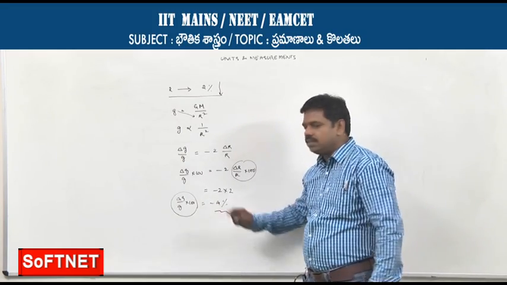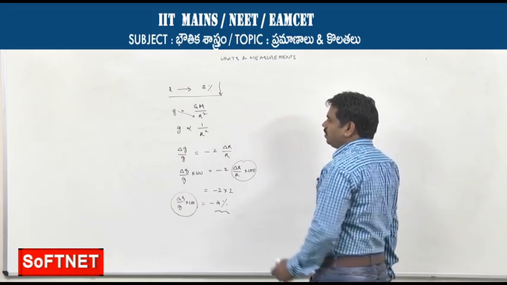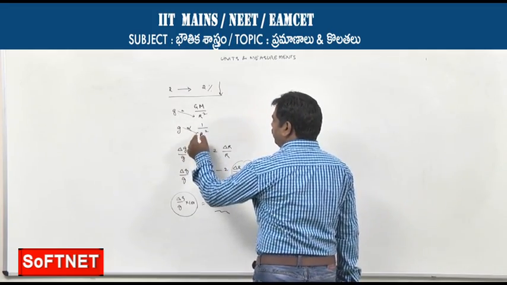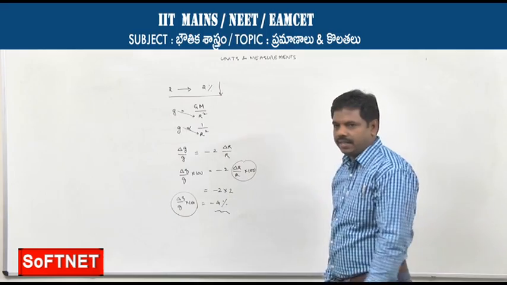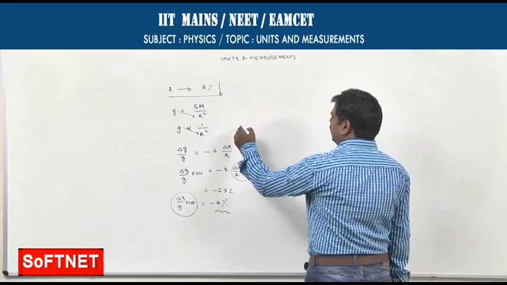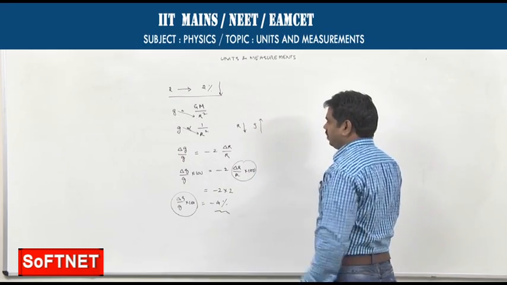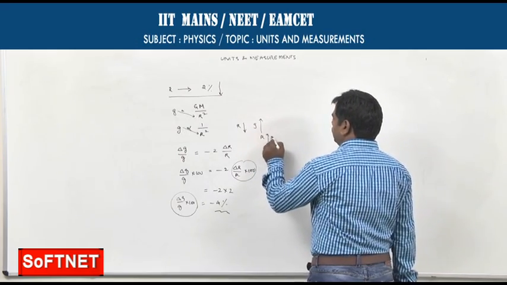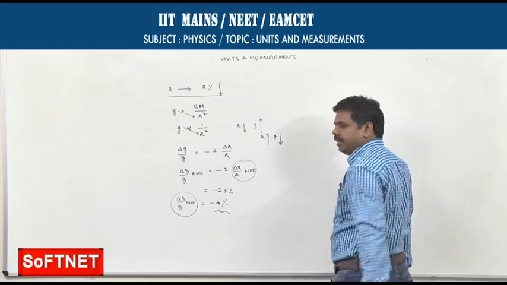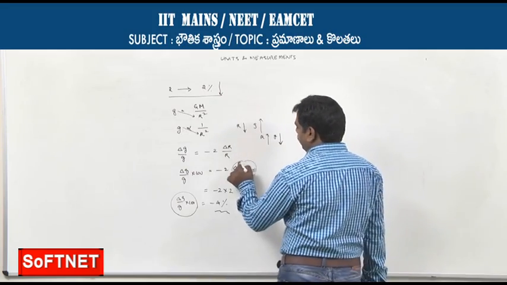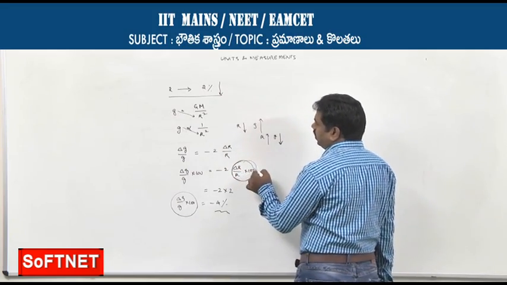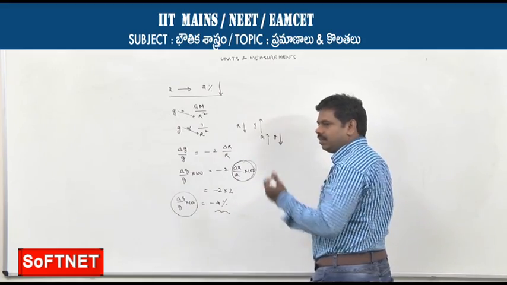What is the importance of the minus here? You see, the acceleration due to gravity is inversely proportional to the radius of the earth. That means if the radius decreases, acceleration due to gravity increases, or if the radius increases, the acceleration due to gravity decreases. And it is already given that delta R by R into 100 is equal to 2% decrease.